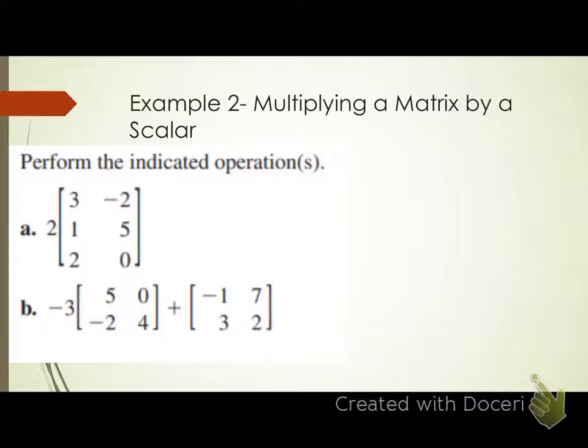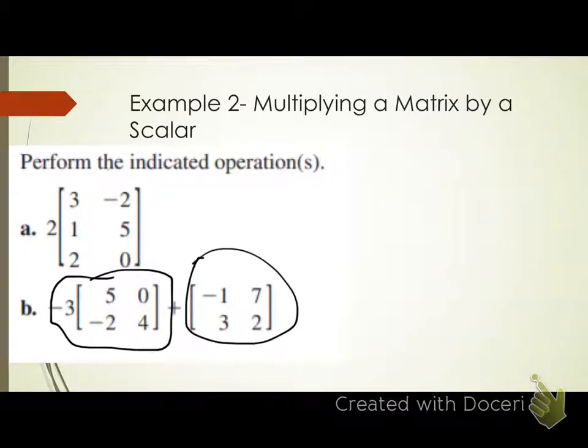So now I have a matrix being multiplied by a scalar, and then I've got another matrix being added to it. So using our matrix operations is very similar to our normal operations with just regular numbers. I've got to do my multiplication first before I can do my addition. So I'm going to do my 3 times this matrix first, and then add this matrix to it.